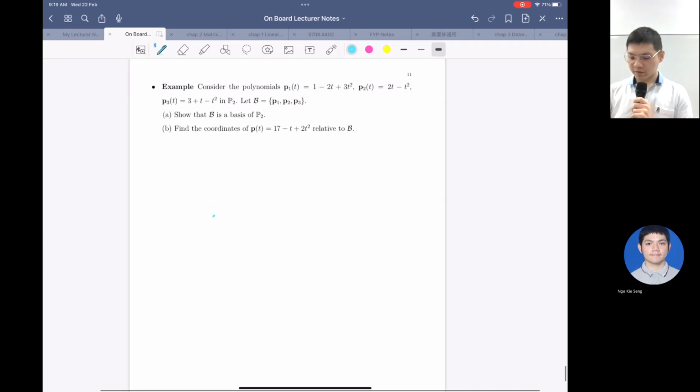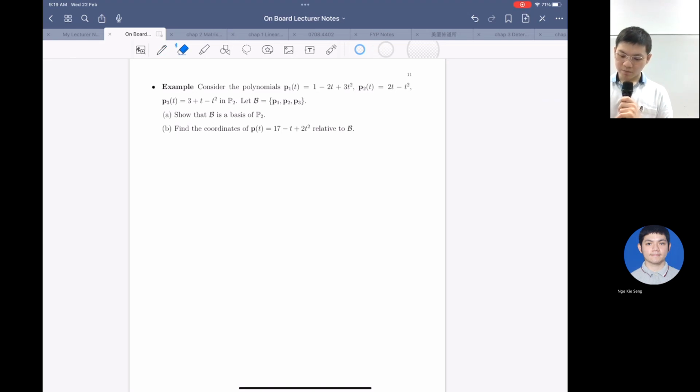Consider the polynomials P1, P2, and P3 in P2. So P2 is our vector space, and let our basis be P1, P2, and P3. So you want to show that it is really a basis, and then find the coordinate of p(t) equals 17 minus t plus 2t squared relative to B.